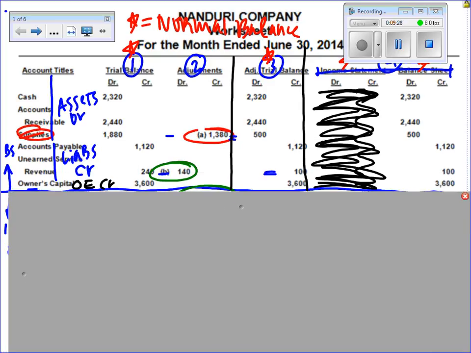So why don't you slide all of those over even further yet? Make sure that they're the correct line number, in other words the correct account, and make sure they're correct with debit and credit. The only columns that won't follow the normal balance rules are the adjusting columns, because that's where we use them.